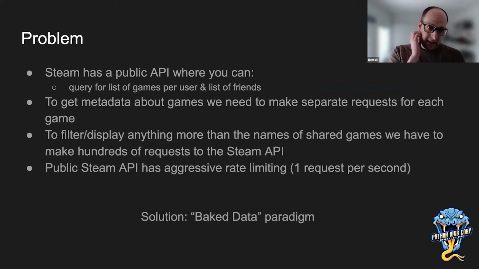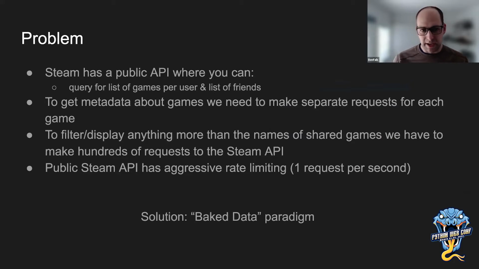However, Steam does have a public API where you can query for a list of games per user. And then you can also get a list of friends for each user. And each of those is a single API call, a request. To get metadata about games, you actually have to make individual requests for each game.